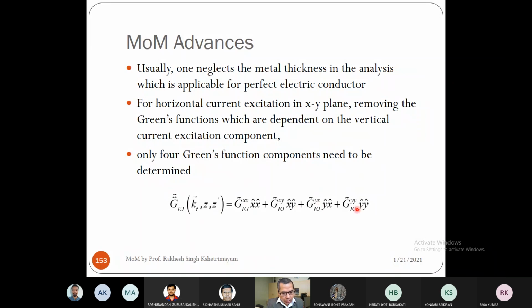So with this major simplification, you just need to worry about the 4 components of this electric dyadic Green's function, and it works fine. There will be a slight change in the result, but that is negligible. We have observed that when you neglect the thickness of the metal, the change in the solution you get for the fields is not much.